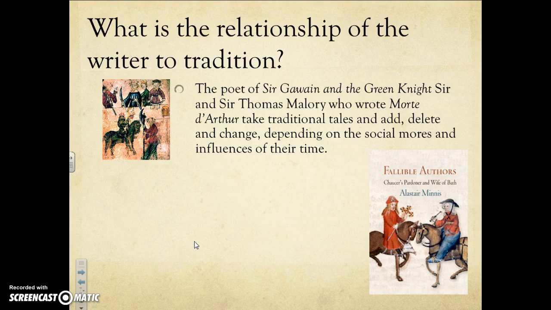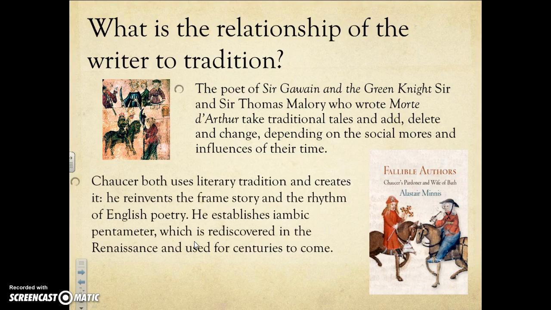A couple of texts that we're not going to be able to get to, Morte d'Arthur and Sir Gawain and the Green Knight, are those classic tales of Arthurian legend of knights and ladies. And Chaucer had read these stories and did know this classic tradition. And he both uses that as a story and he criticizes it in many ways.